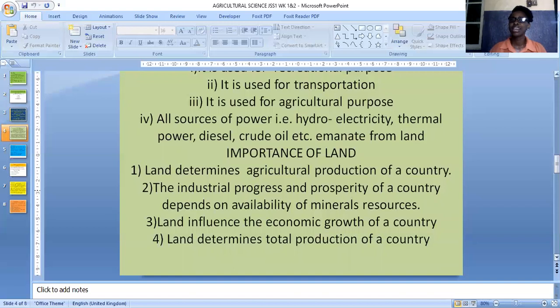Importance of land. Land determines the agricultural production of a country. Without land, agricultural production cannot take place in a country. When a country lacks land, it cannot provide agricultural production, such as the food we eat, because there is nowhere to plant it.